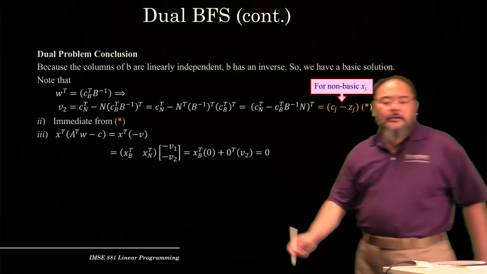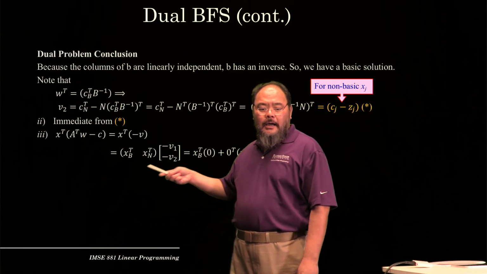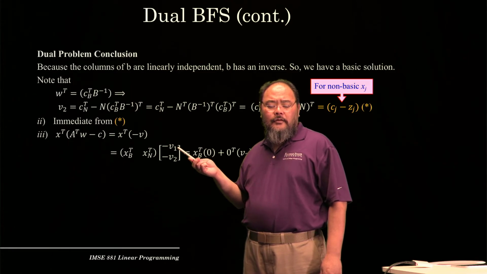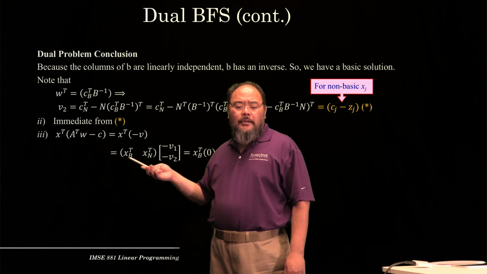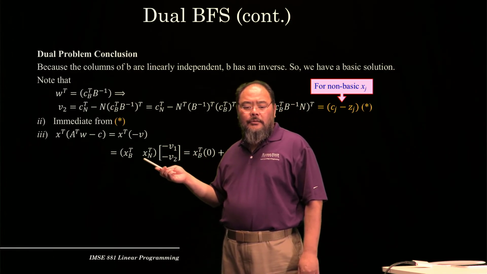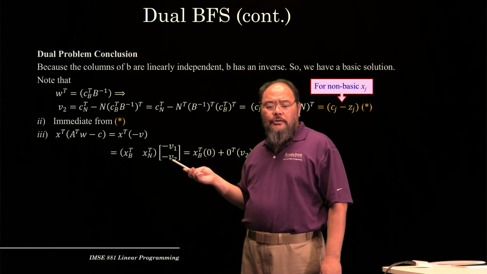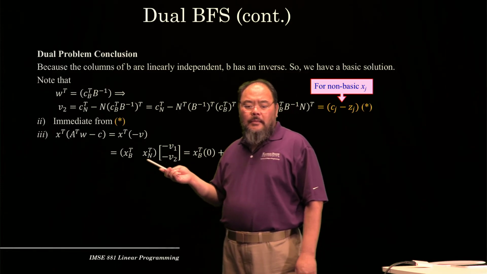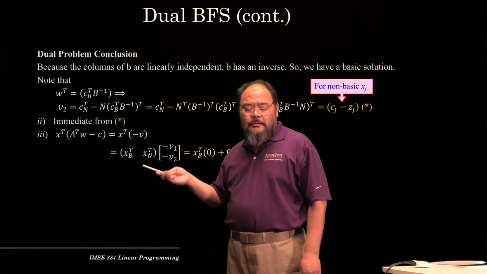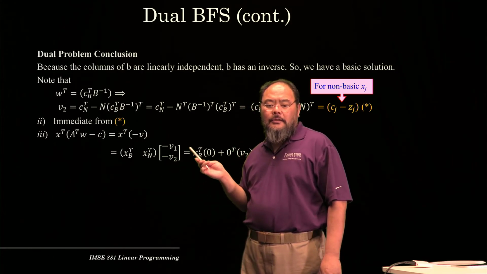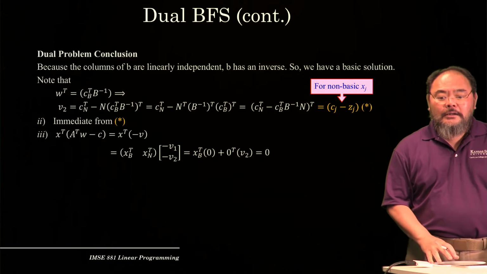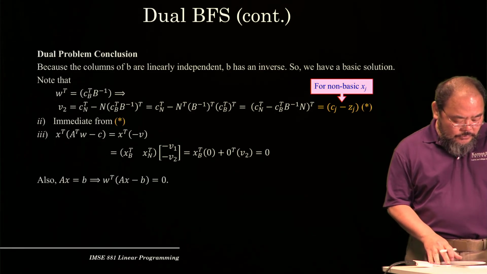If you multiply out XB times negative V1, XB is strictly positive times 0 equals 0. XN equals 0, but negative V2 may not be 0. Something not 0 times 0, and something 0 times something not 0, of course the result is 0. So this is the straightforward solution.